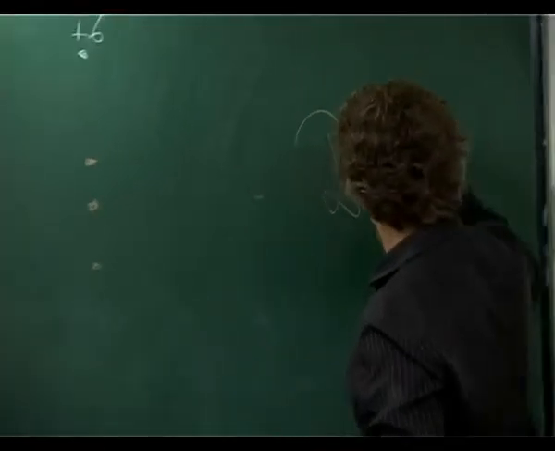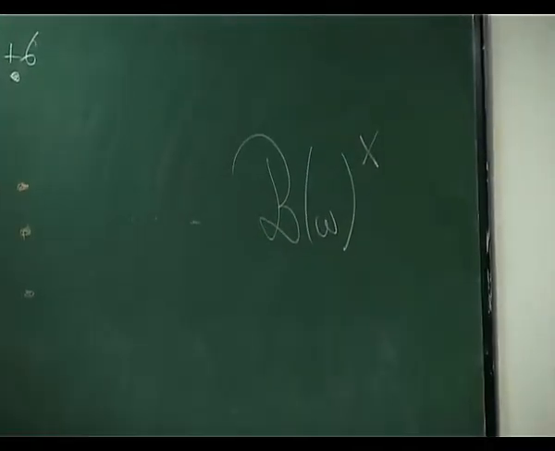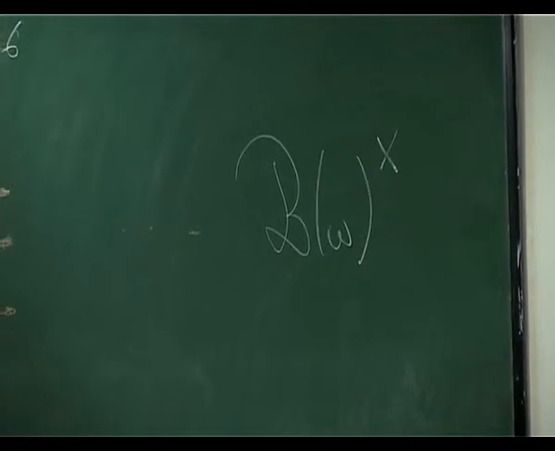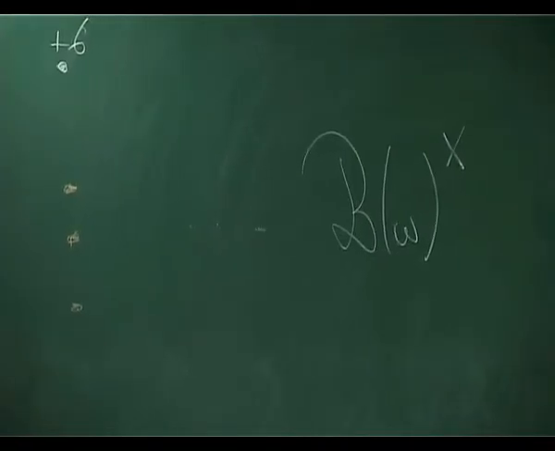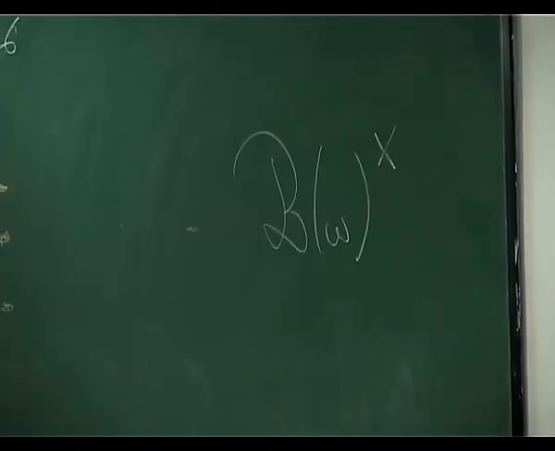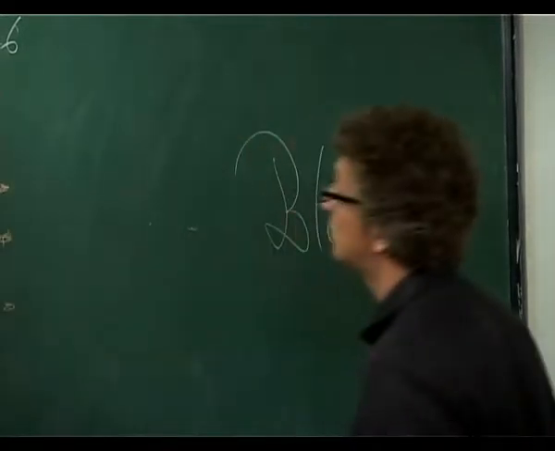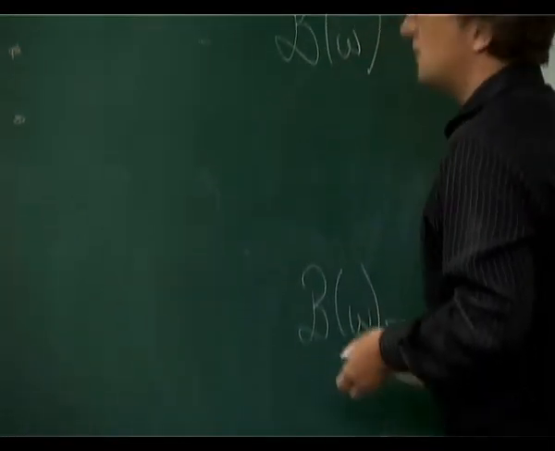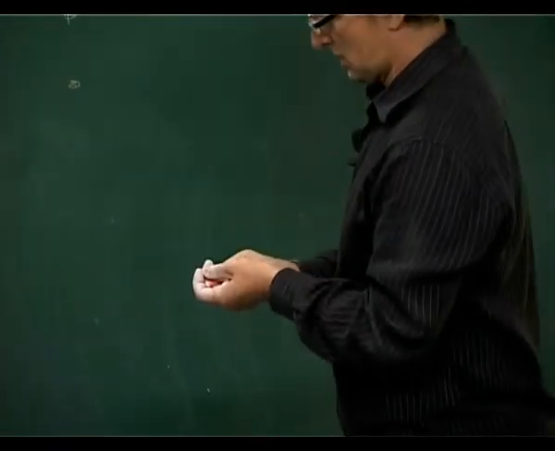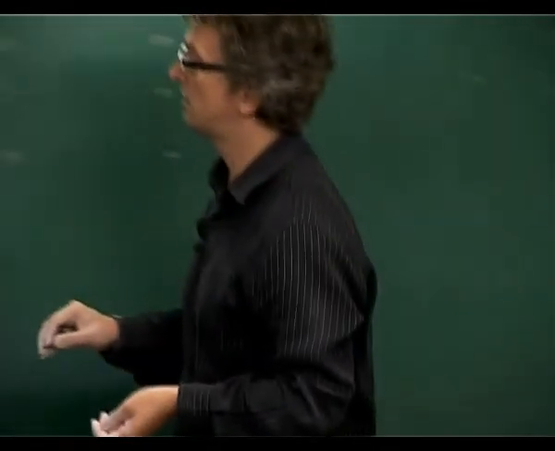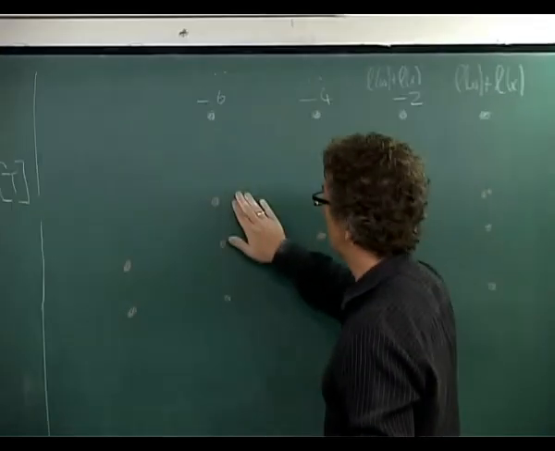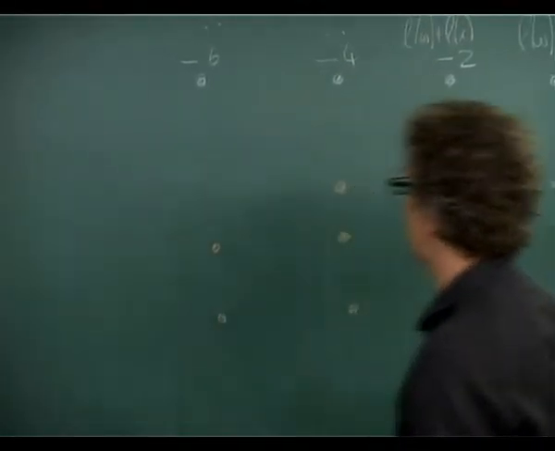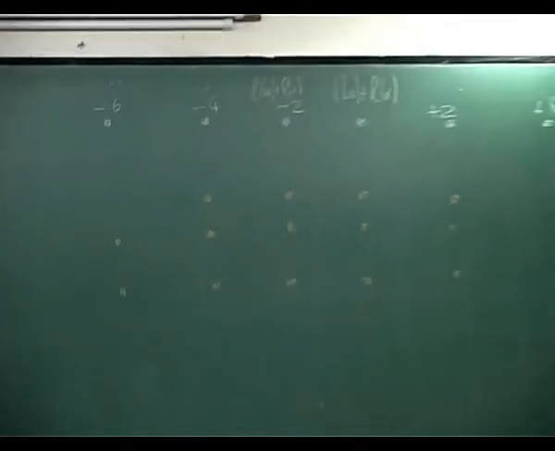So this could be a picture of B_w X, and now sitting inside as a submodule is B_w lower bracket X. Maybe if you allow me, I want to be a little bit more efficient with space.